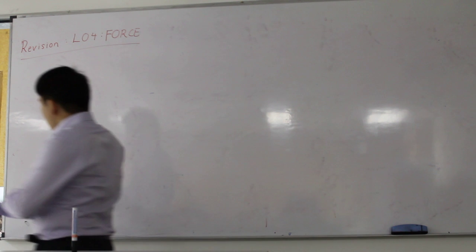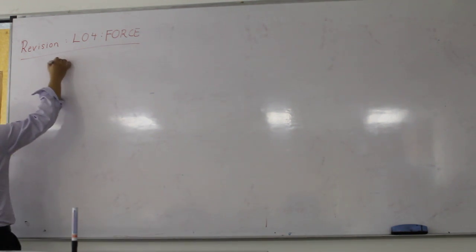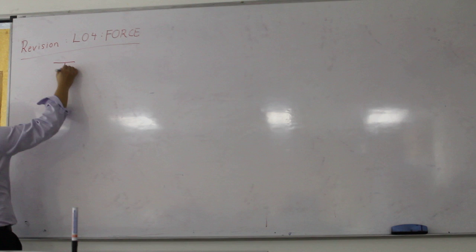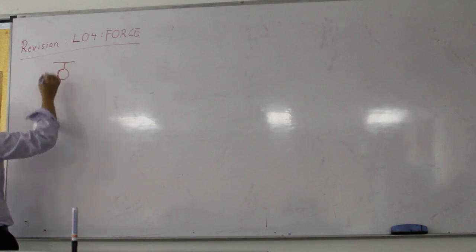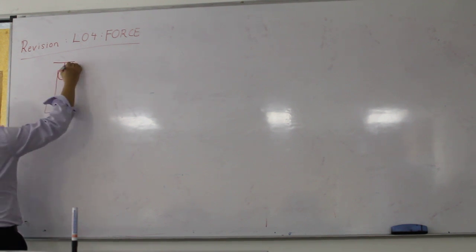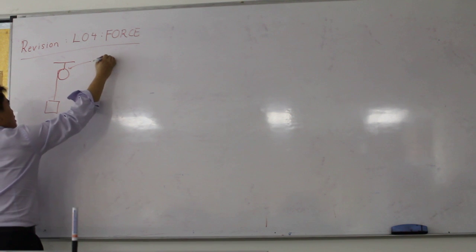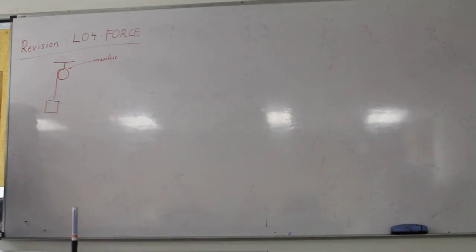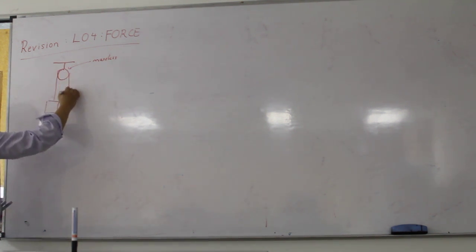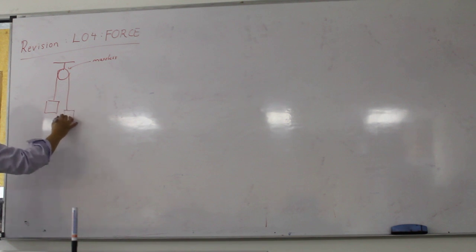Let me move further. Say this is a pulley, or hanger, and this one is massless. Normally massless indicates frictionless. Frictionless indicates you can ignore this part. Okay.